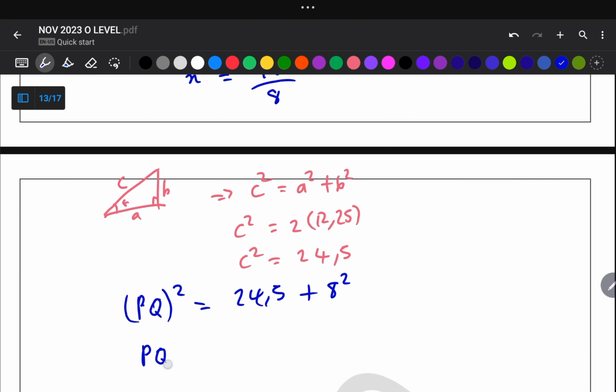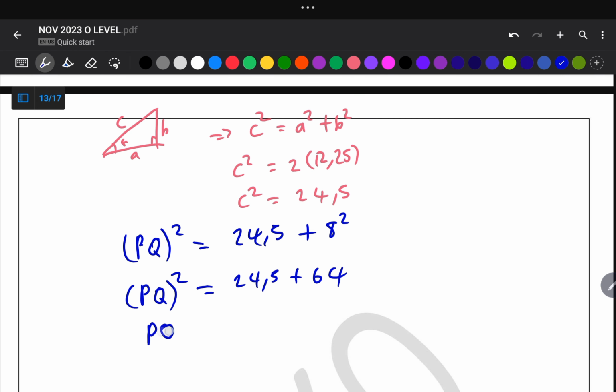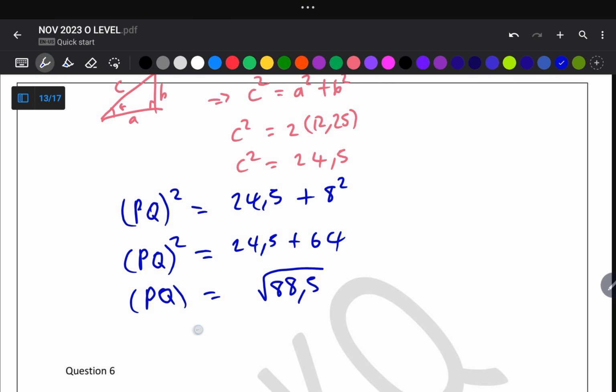So PQ squared is equal to 24.5 plus 64, which gives us 88.5. Therefore, PQ is equal to the square root of 88.5, which gives us 9.4 centimeters. So PQ is equal to 9.4 centimeters. Okay.